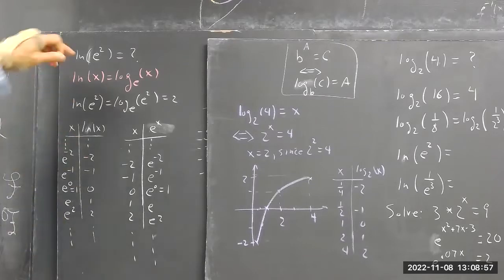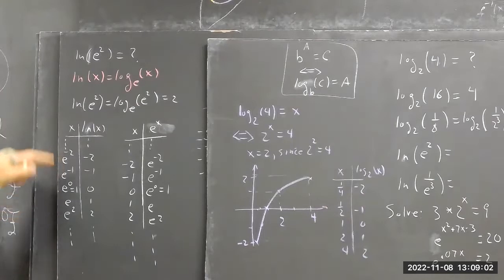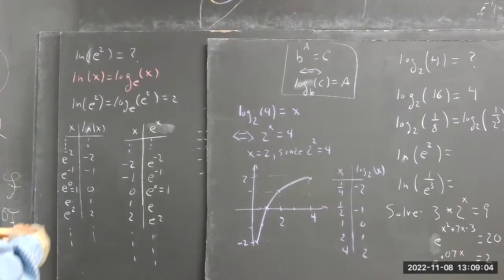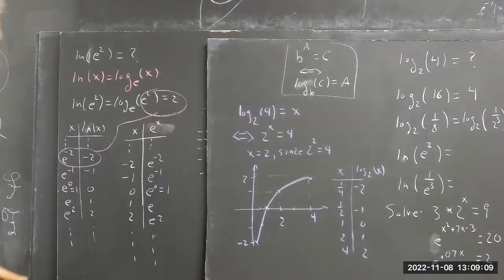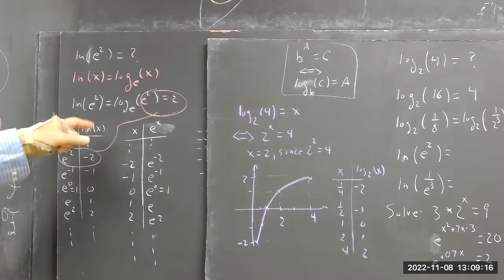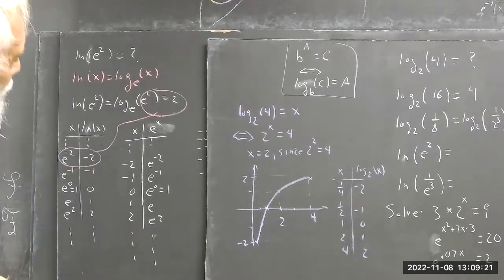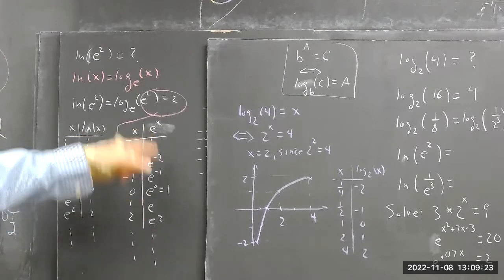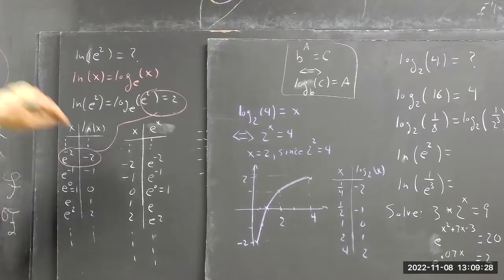Anyhow, here it is. If you want e squared, what's the natural log of e squared? Well, we could go to this table. Right there it is. If we have a natural log of e to the power, then since e to the power appears over here on this table, it is going to appear over here on this table, and the powers are going to be what we have here.